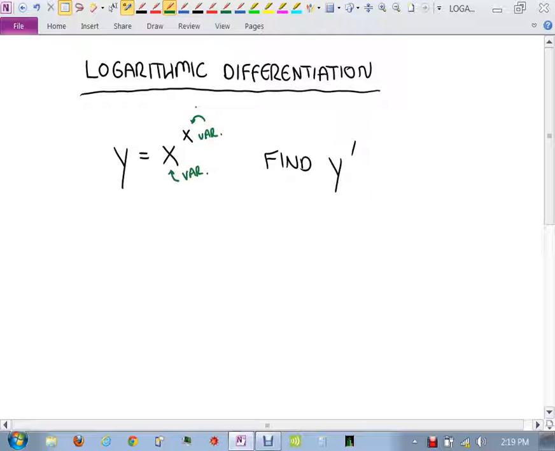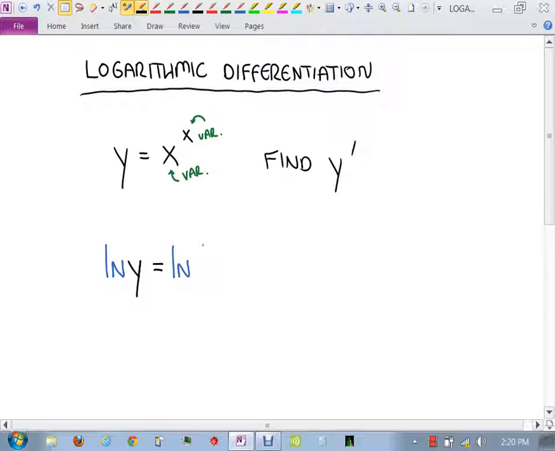Well, we do what's called logarithmic differentiation. It uses that property of logs that I put up on the board earlier, where you can pull the power out front. Remember that? The n came out in front. We're going to use that power of the log to figure out the derivative of this. So the first thing I'll do is take the natural log on both sides of this equation.